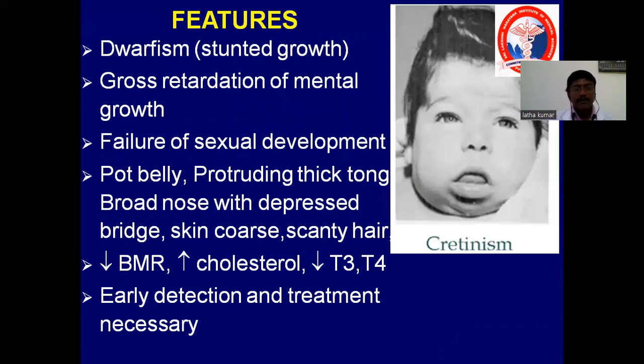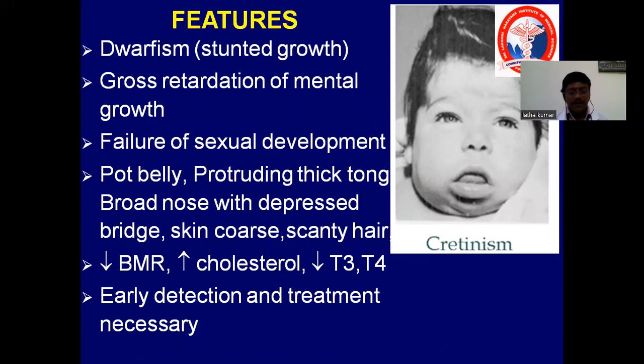Gross retardation of mental growth, failure of sexual development, pot belly, protruding thick tongue, and broad nose with depressed bridge, skin with scanty hair, decreased basal metabolic rate, increased cholesterol, and a decrease of T3 and T4.